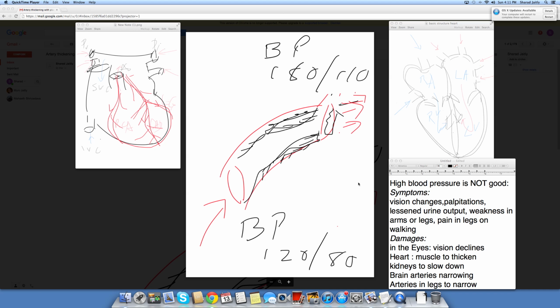So a person will classically give you a history that he or she was able to walk 10 blocks or walk to the bus station, now has to stop in between, or cannot go up the train station steps without stopping in between. So these are some of the indicators that one should keep in mind, and these are your symptoms of hypertension.